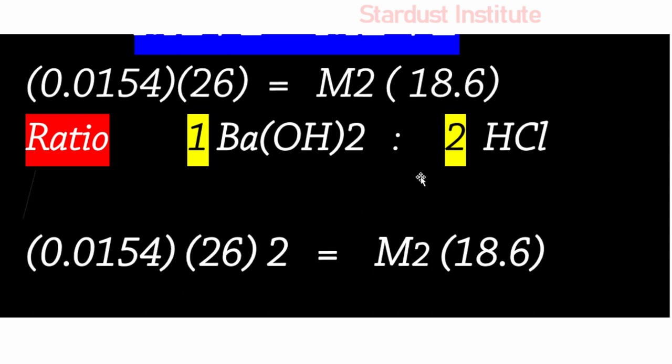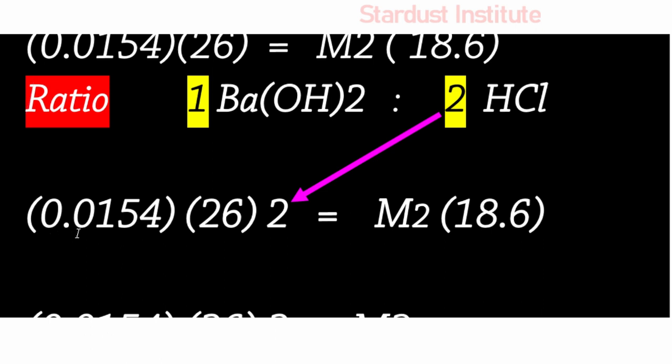Now we have to multiply this barium hydroxide side by 2, because to react with 1 mole of barium hydroxide, 2 moles of HCl are required. 0.0154 times 26 times 2 equals M2 times 18.6.